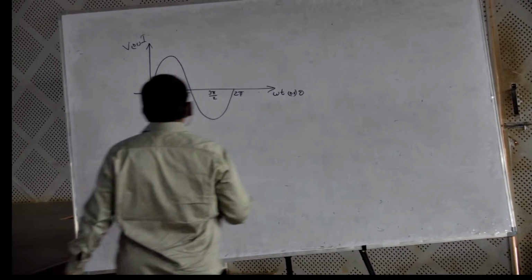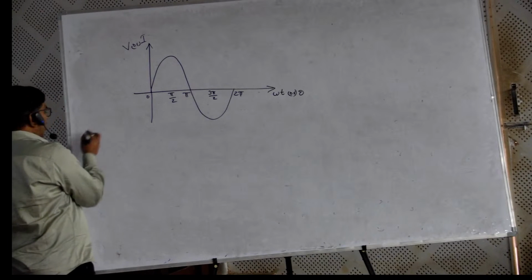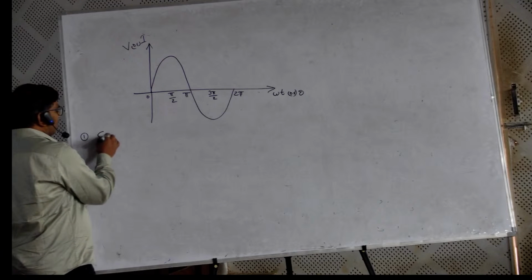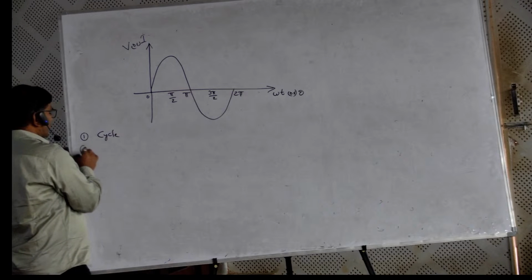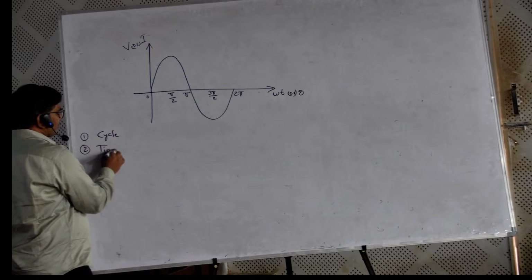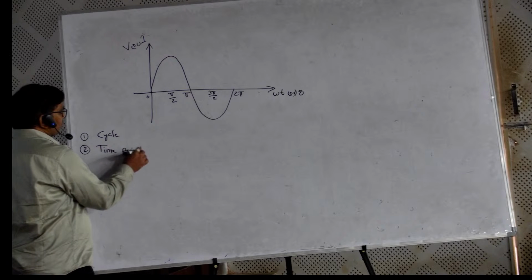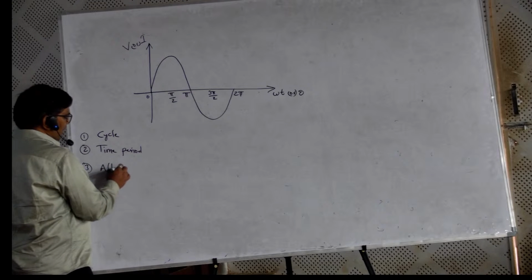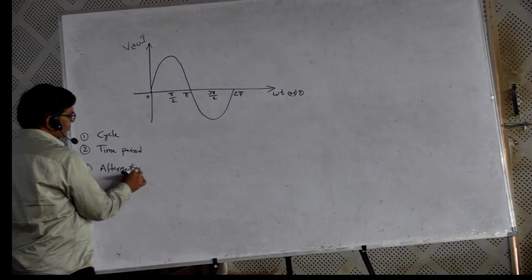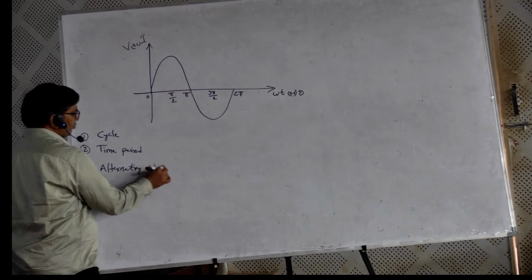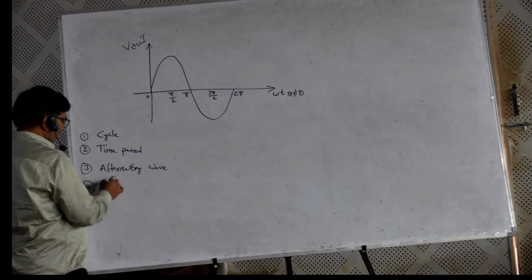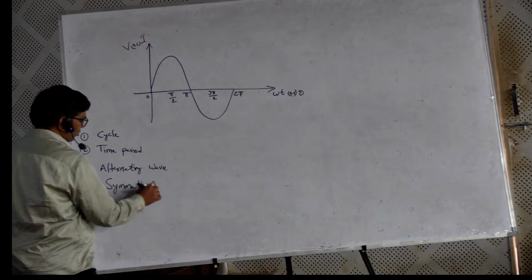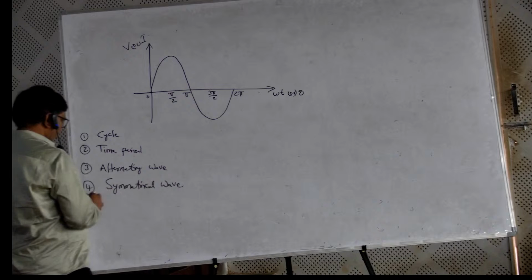Here we have to know basic terminology. What is meant by cycle? What is meant by time period? What is meant by alternating wave? What is meant by symmetrical wave?